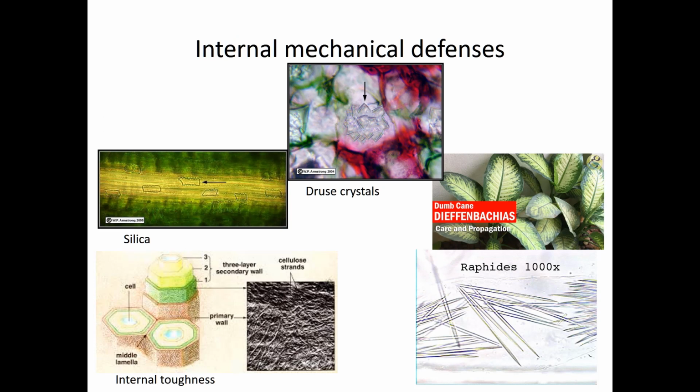There are also internal mechanical defenses. These internal mechanical defenses are structures which are non-chemical that deter herbivores, as external mechanical defenses do. Raphides, seen in the lower right, are needle-shaped crystals of calcium oxalate. These raphides are found in more than 200 different families of plants.